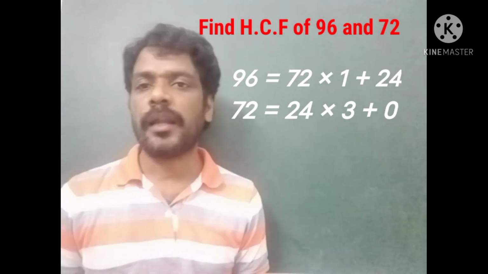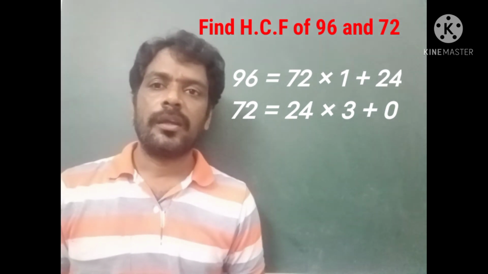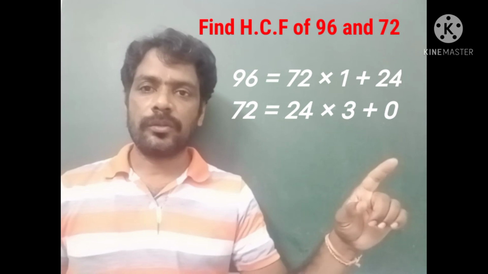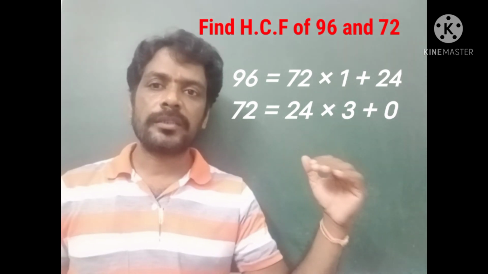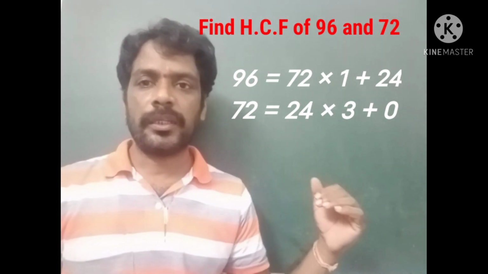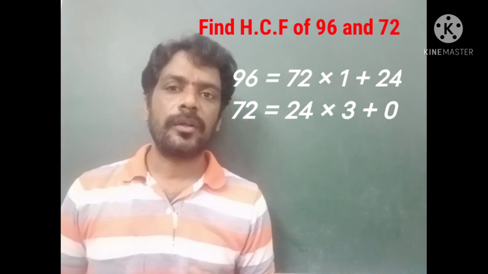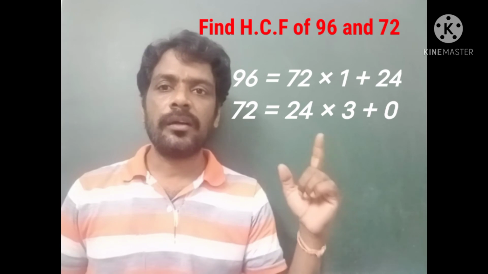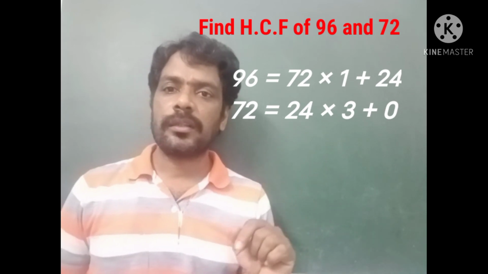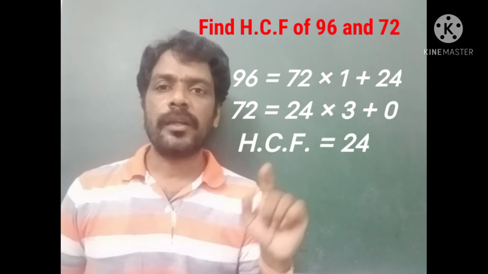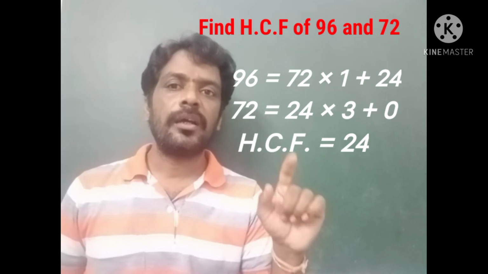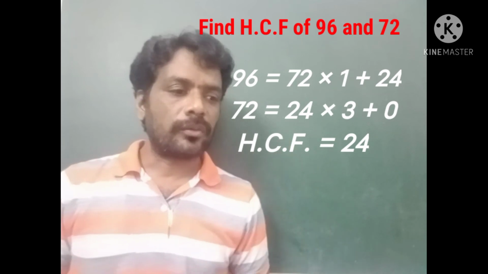Here we got the remainder as 0, and we can't proceed with this process any further, so here only we have to stop. What is the divisor we got here? The highest common divisor is 24.